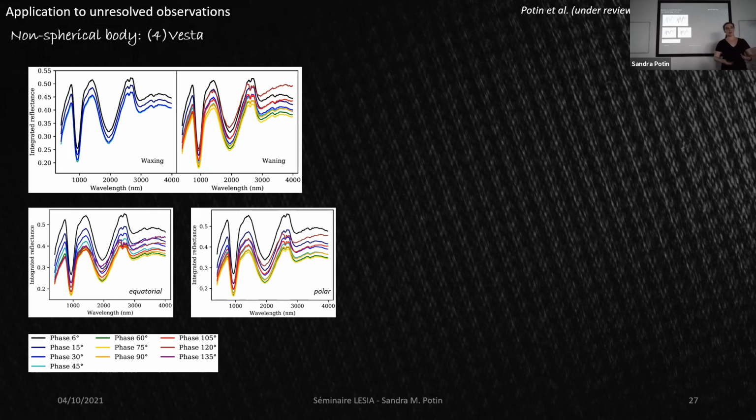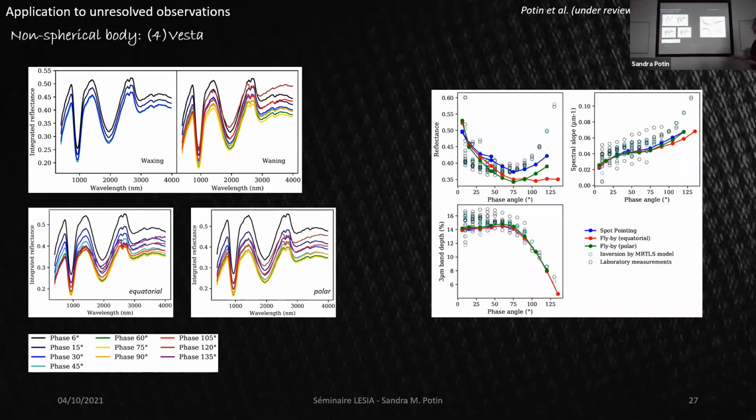And same, we want to compare with what was measured in the laboratory. So we compare the spectroscopic parameters with the ones derived from laboratory measurements, and we end up with this result here. First thing that we can see is that the 3 different scenarios end up with different phase curves.